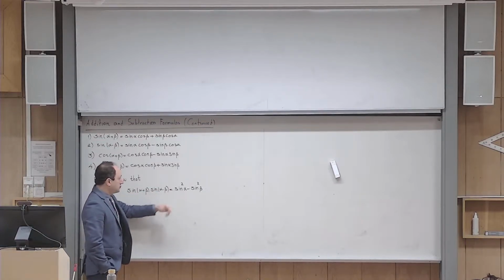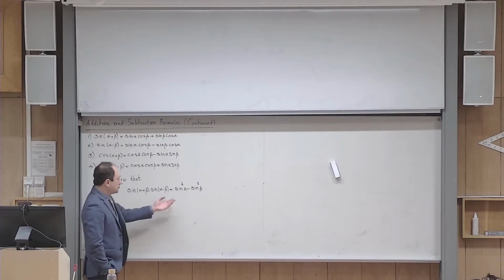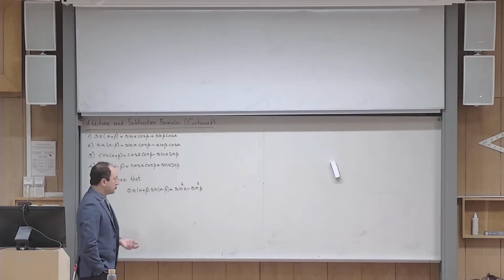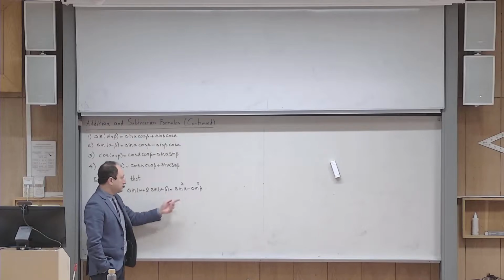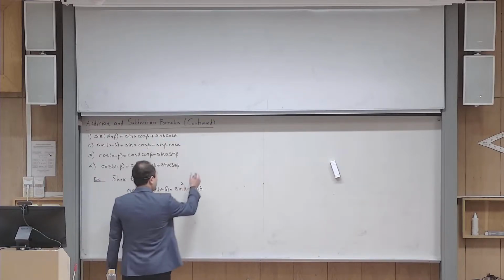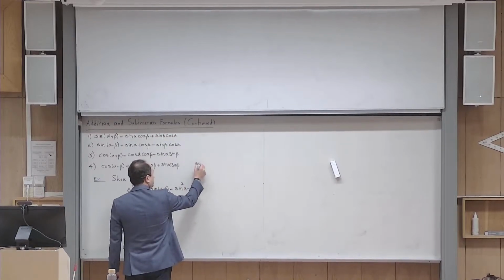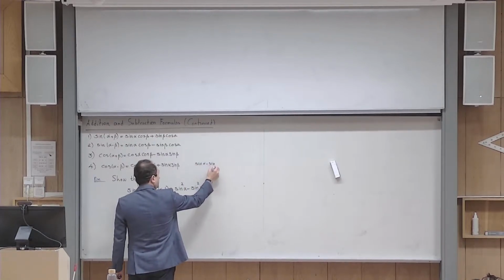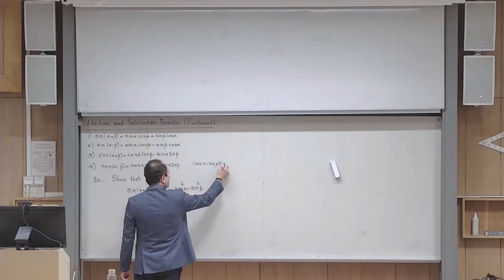Because for the right-hand side, the most I can do is to factorize it using the conjugate rule, so it becomes sine alpha minus sine beta. I have seen some students make this mistake, by the way. They start from the right-hand side and factorize it. This part is completely okay.